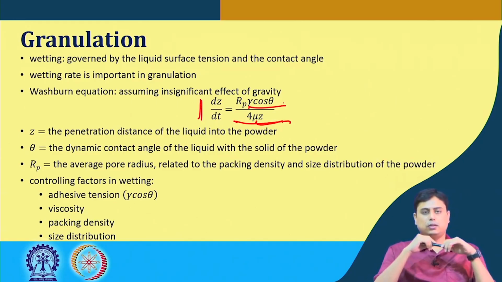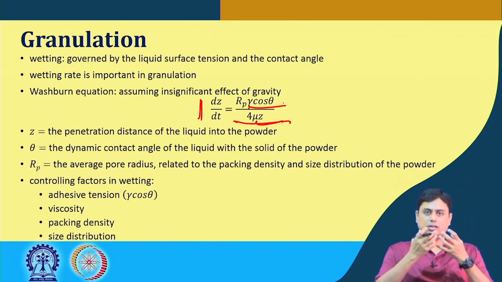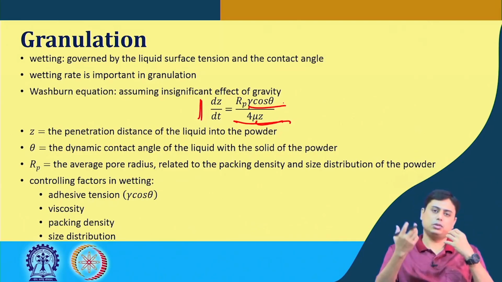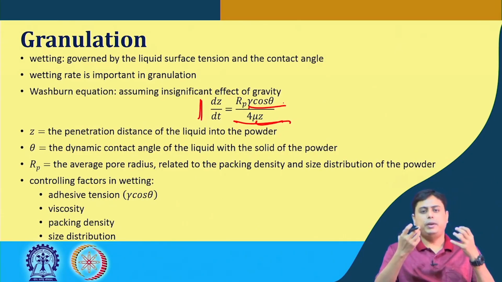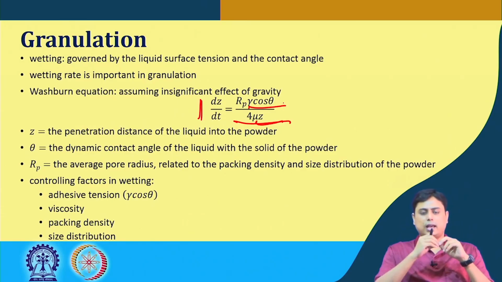Rp stands for the average pore radius, and that is related to the packing orientation, packing structure, packing density, or the size distribution of the powder. So, it depends on the size of the finer particles, which dictates this average pore size in between particles.